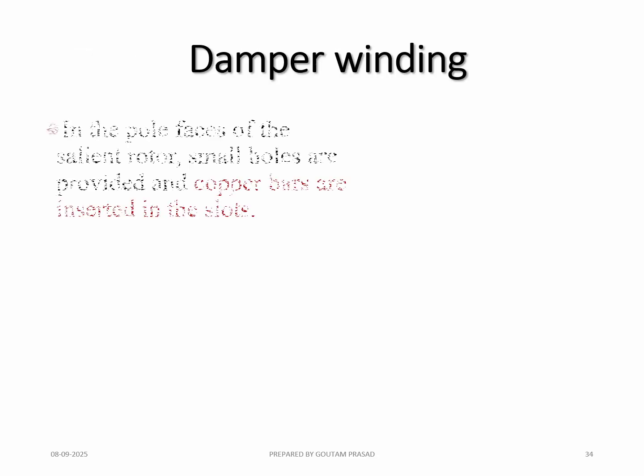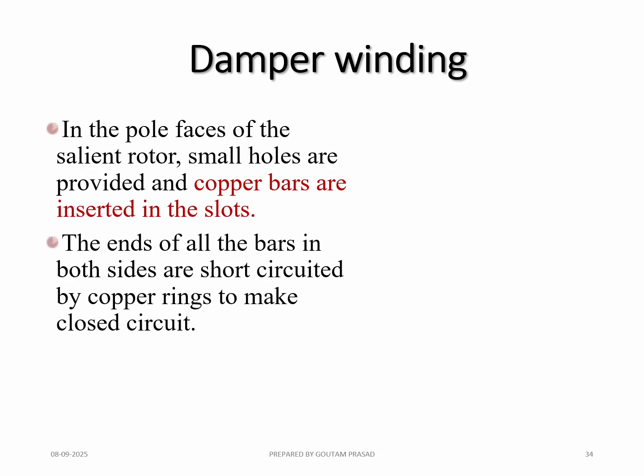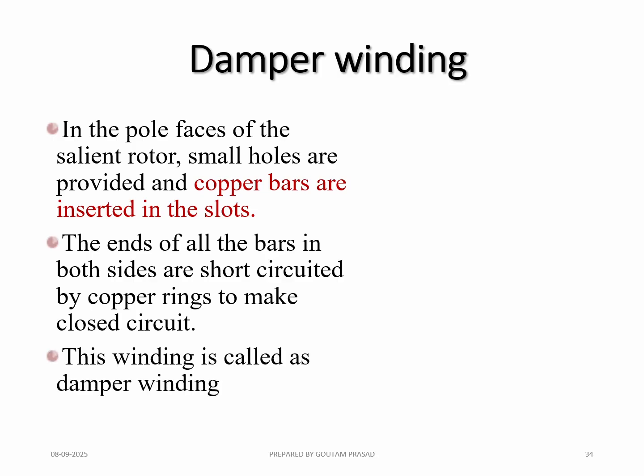Now let's discuss damper winding. In the pole face of the salient pole rotors, small holes are provided on the pole tip, and copper bars are inserted in these slots. The ends of all the bars on both sides are short circuited by copper rings to make a closed circuit, so that current flows in the closed circuit.